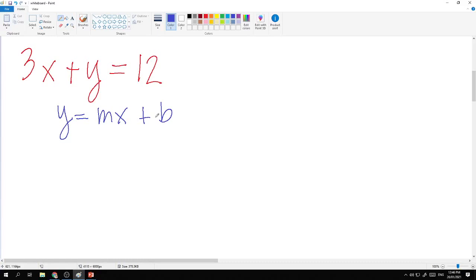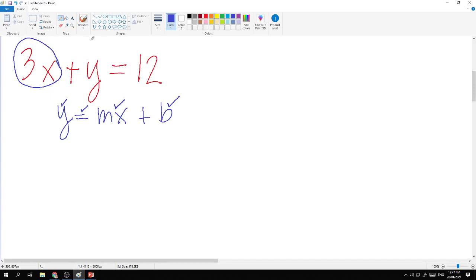So when I say slope-intercept form, the y should come first, followed by equal, then the x, then the constant. Now, which term is not in its proper place? 3x. What are we going to do with 3x? We are going to transpose it.